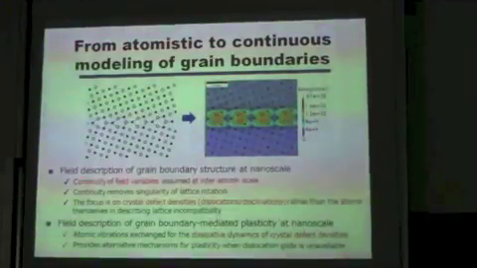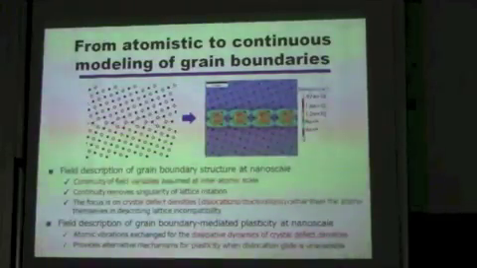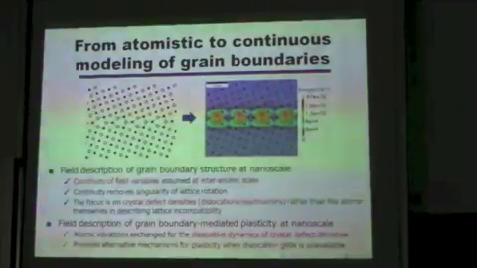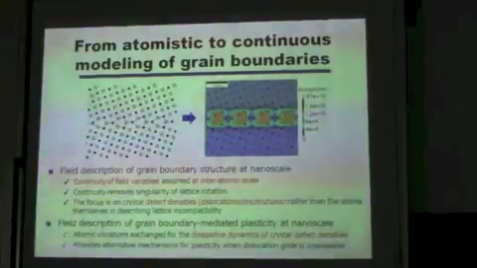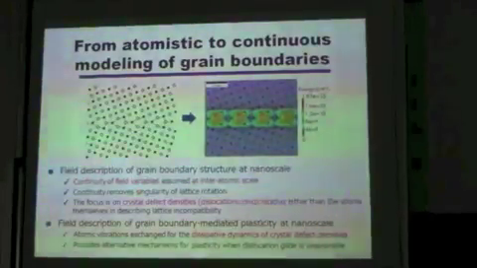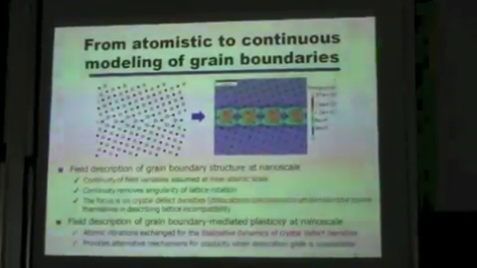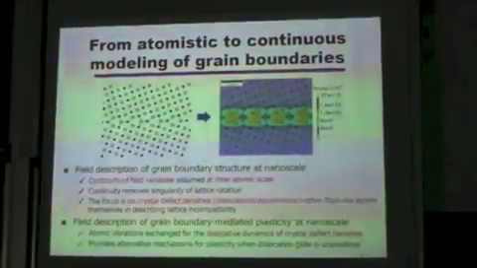So there are 2 aspects in what I will say. The first one will be the description of the grain boundary structure at nanoscale. And this is mainly about elasticity, because there is no motion here of the grain boundaries. So continuity of the field variables is assumed at interatomic scale, which means that there is no discontinuity. Everything is continuous.